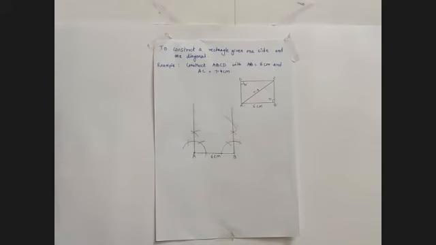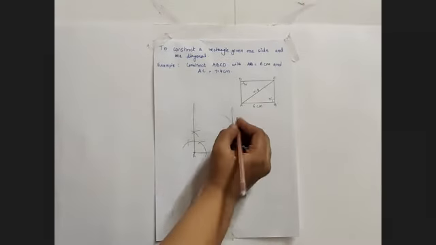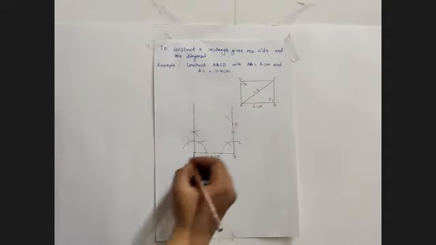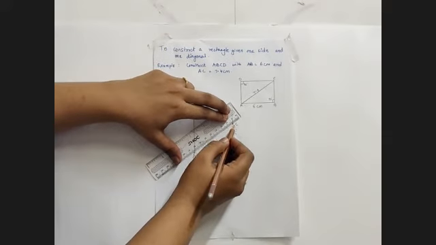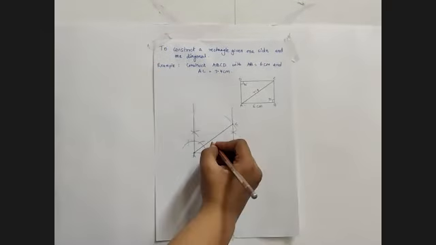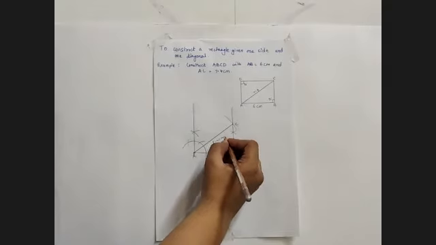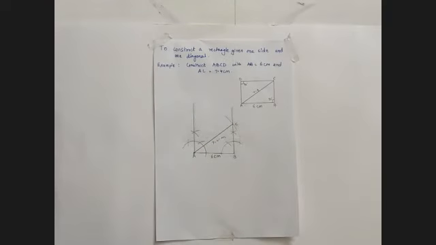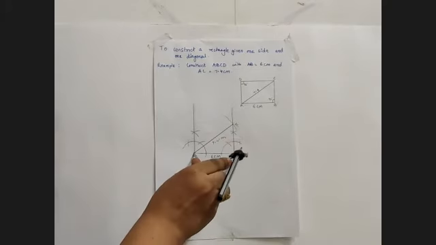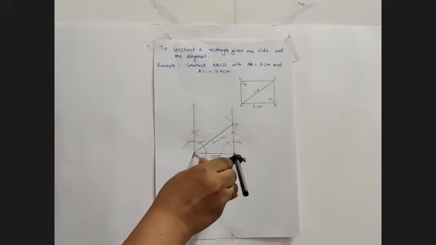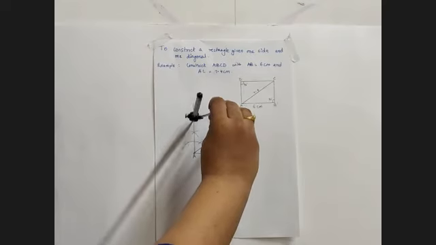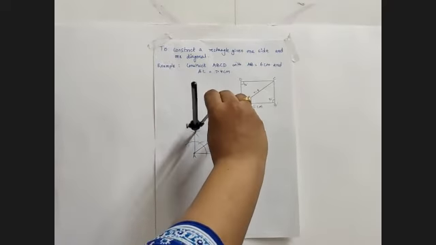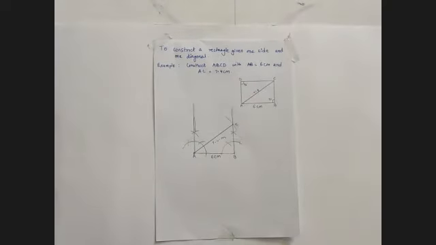This point of intersection is nothing but point C. And AC is my diagonal, 7.4 centimeter. Now with C as the center and radius 6 centimeter, I will cut another arc to get my last required vertex. Now here you can see this will be the arc, right?